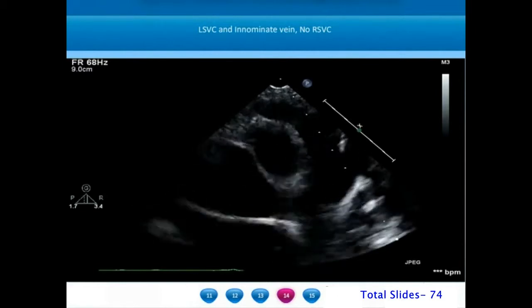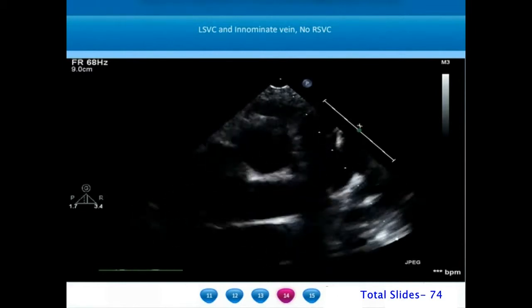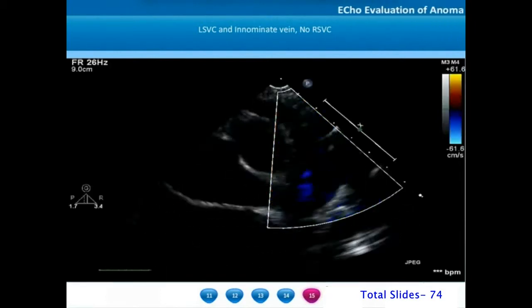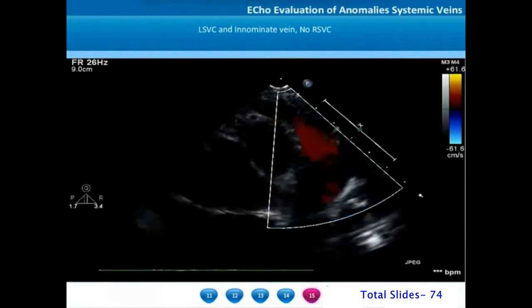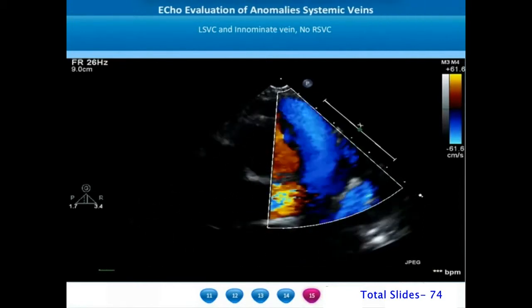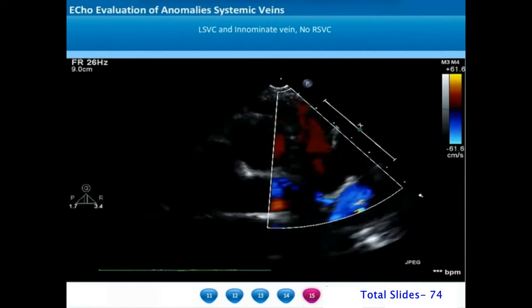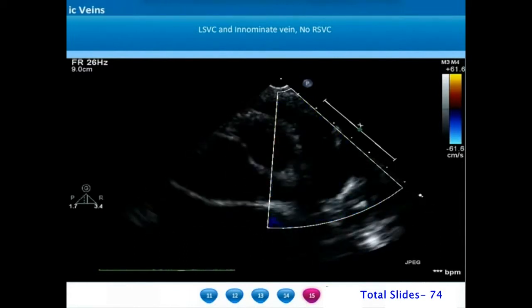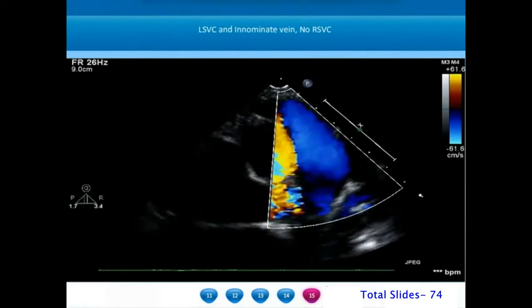This will be the mirror image of a normal systemic venous drainage. When we use color Doppler, we can appreciate the innominate veins joining together to form the left superior vena cava in the setting of situs inversus totalis.